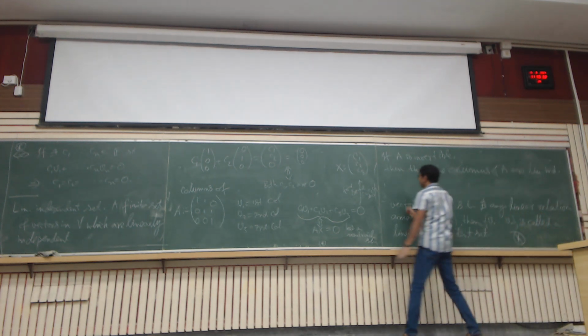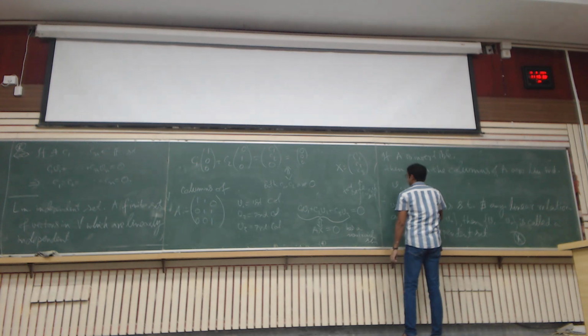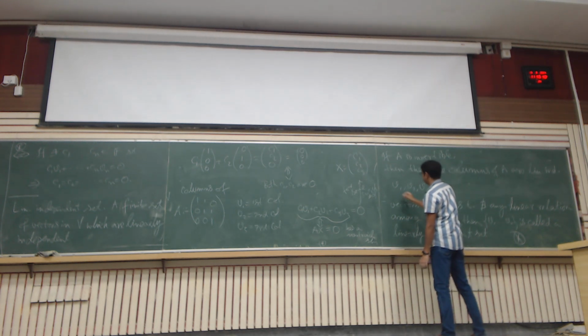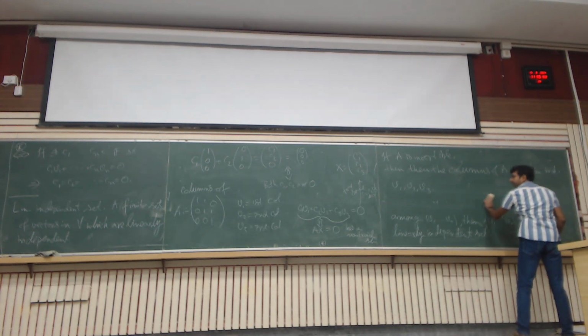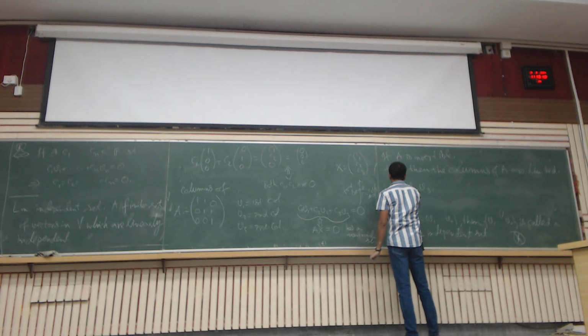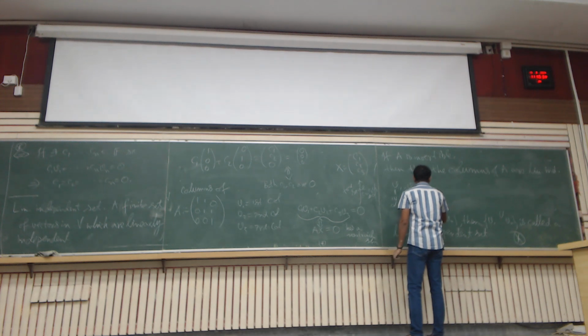Now suppose you take this set V1, V2, V3, okay? And you want to put another vector here. So V1 is the first column of A. We are still continuing that notation. V1 is the first column of A, this is the second column, and this is the third column.